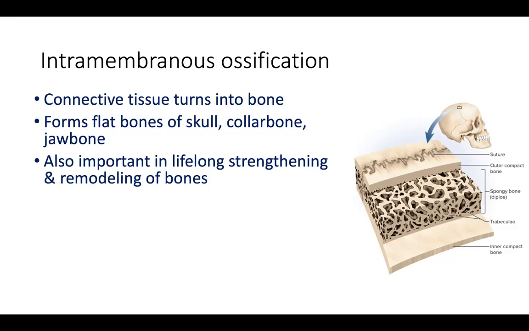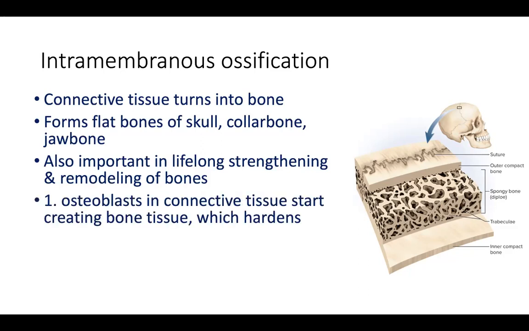I boiled it down to 3 essential steps, and this should kind of make sense based on what I talked about already with the bone cell types. So first you have the osteoblasts, which are those cells that secrete the matrix, right? So they are essentially in the connective tissue that's there before the bone.